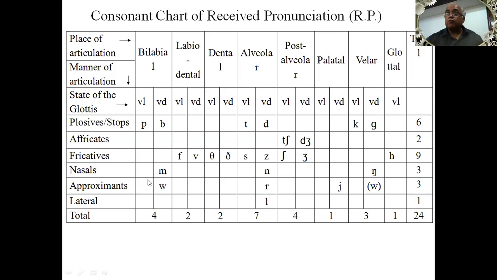Now, the problem with our North Indian languages here is that we produce it with both the lips, or at times we try to say f and give a narrow gap. It's neither of that. It's the upper teeth and the lower lip.